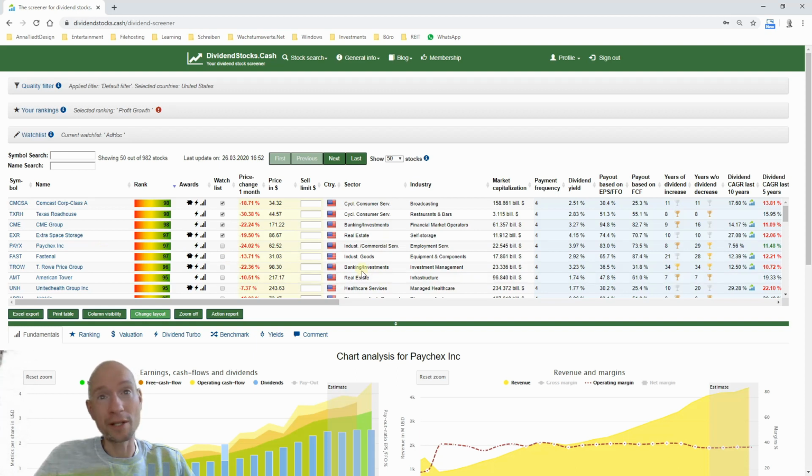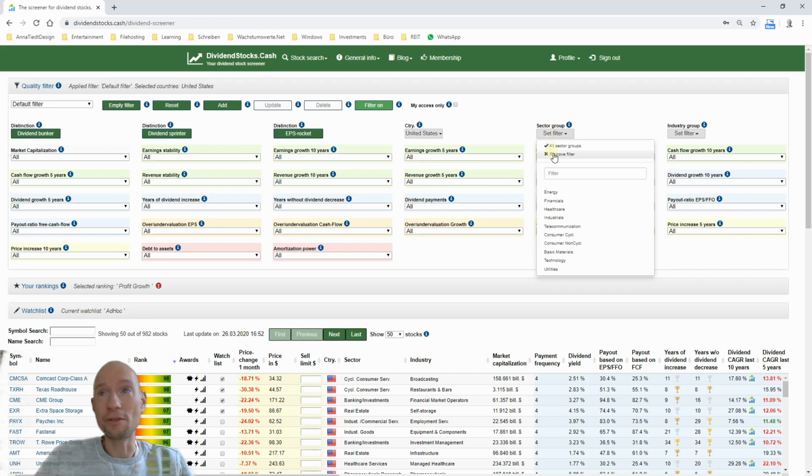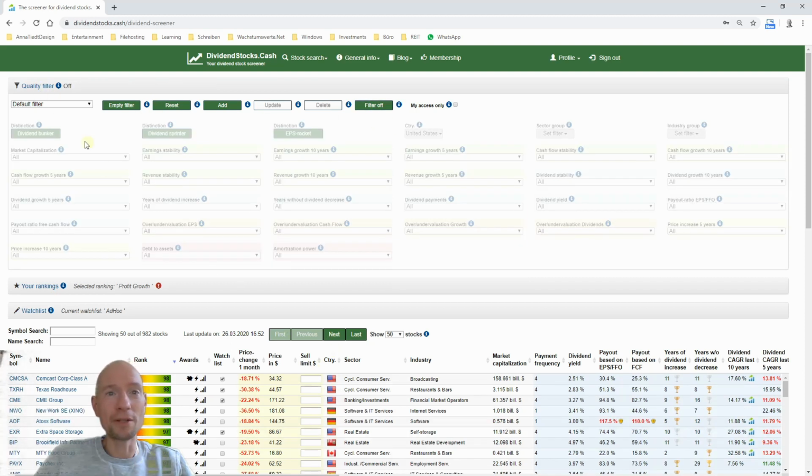Maybe you are a little more demanding about country diversification, not to buy only stocks from the United States, but you can easily do so by removing this filter here or turning off the filter completely, and then you get back all these stocks here.